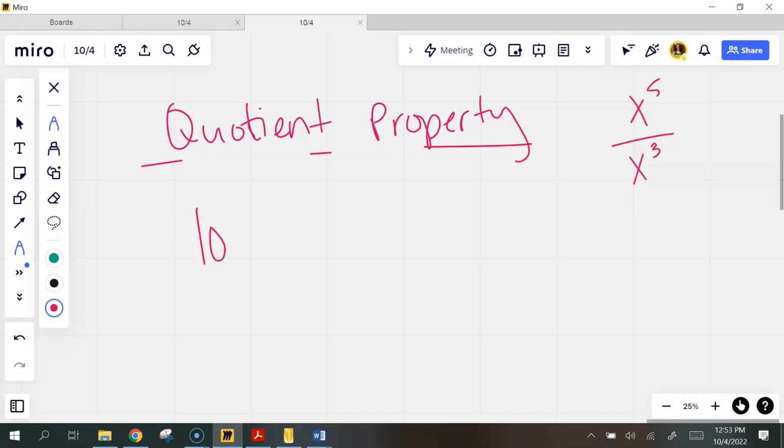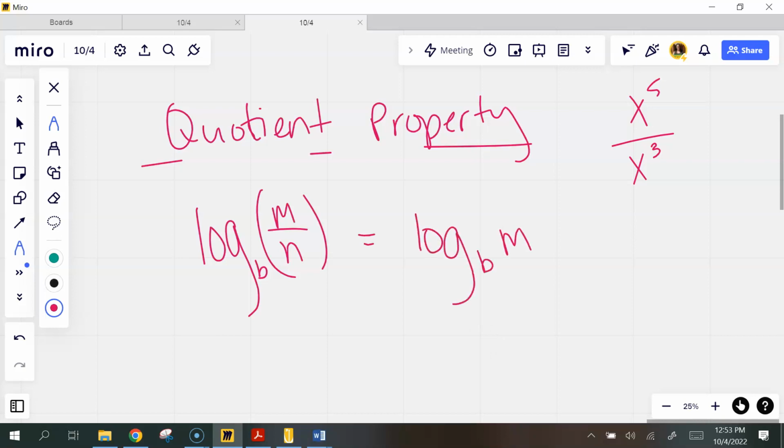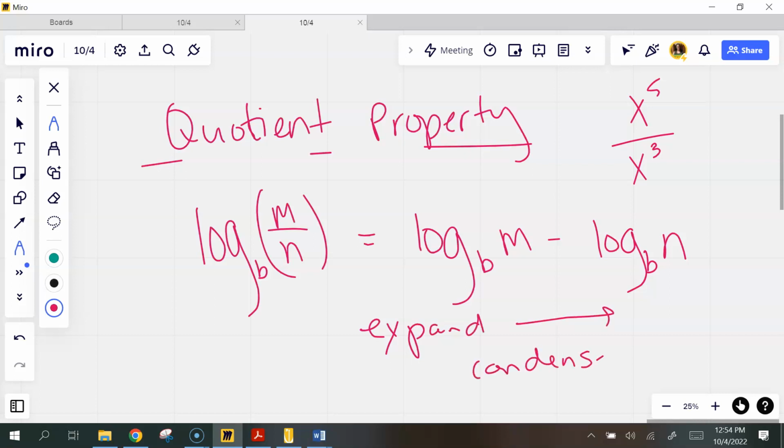So if I have log base b of m over n, I can split this up: log base b of m minus log base b of n. Expand from left to right. Condense from right to left.